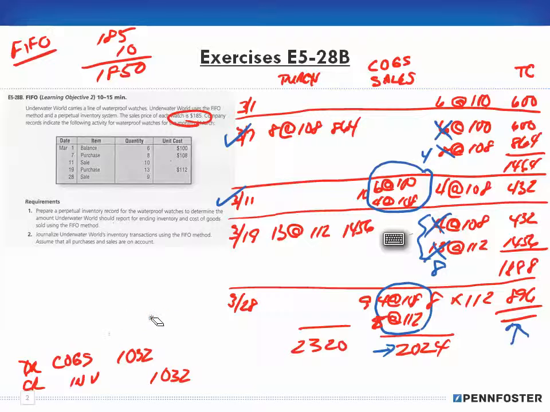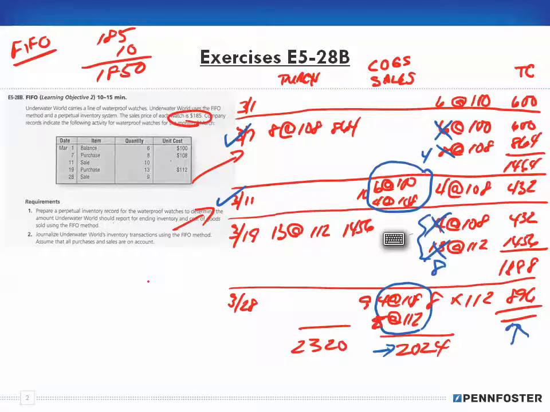Now realize we're basically doing the same thing for the rest of these entries. It's very repetitive here. If you're mimicking what's in the textbook, you can probably get this right. But remember, if you don't know how to make a journal entry up front, in other words, you didn't know how to make this journal entry for 3/7 or 3/11, you're dead in the water.